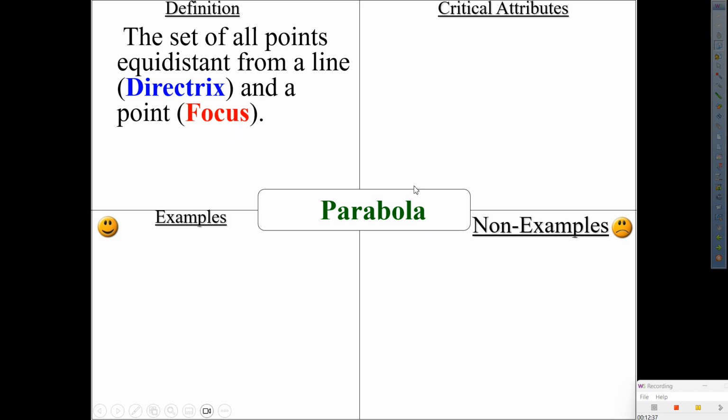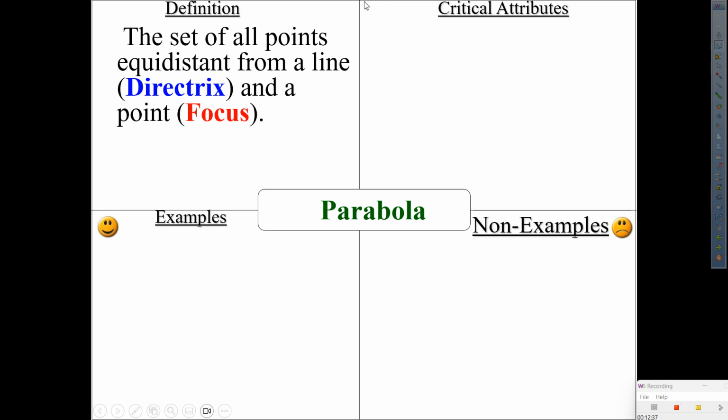Parabolas are the set of all points equidistant from where? A line called the directrix and a point called the what? Focus. So a parabola is formed by points that are equidistant from the directrix, which is a line, and a point known as the focus.